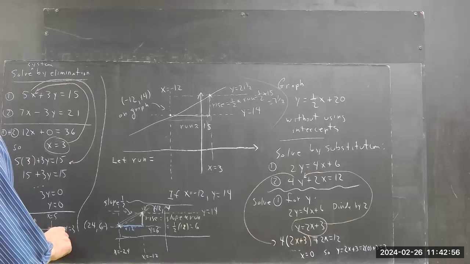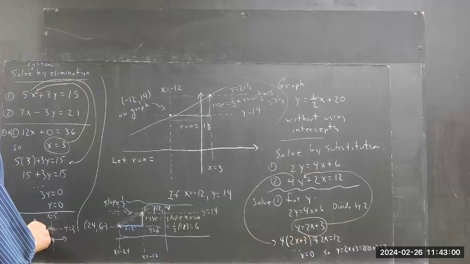So we have intercepts here and here. We don't mark the point here. And (0, 3) is not on either graph.